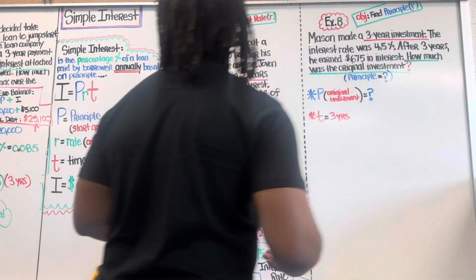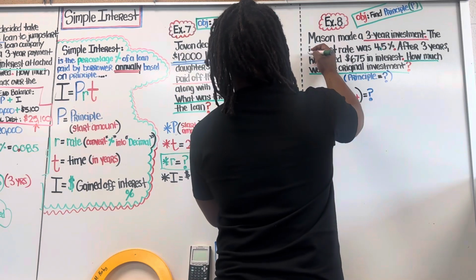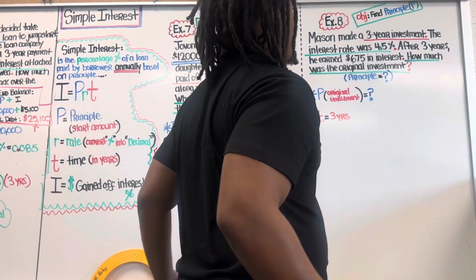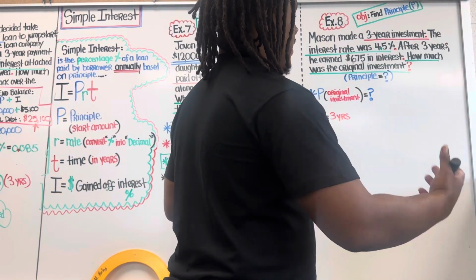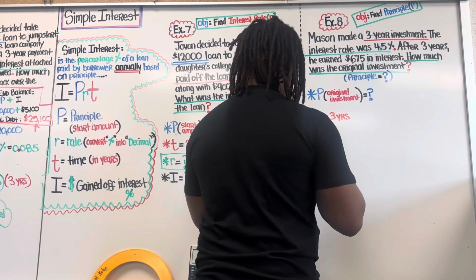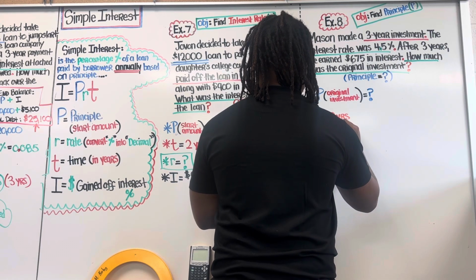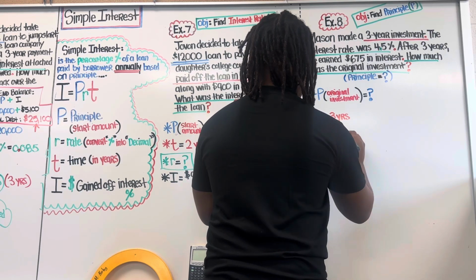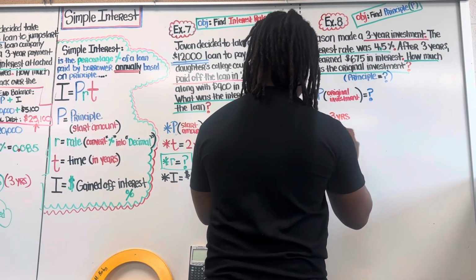Another variable we need is R, which is the interest rate. They've given us the interest rate in this problem, which is 4.5%. His investment had a 4.5% interest rate added to it annually. So R, which represents the interest rate, is 4.5%.